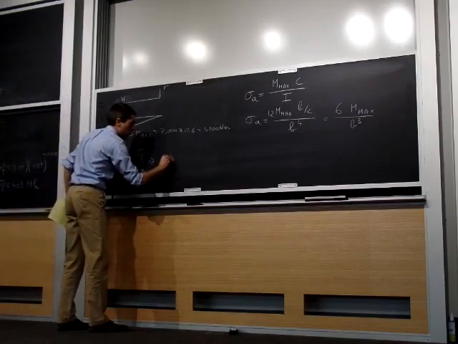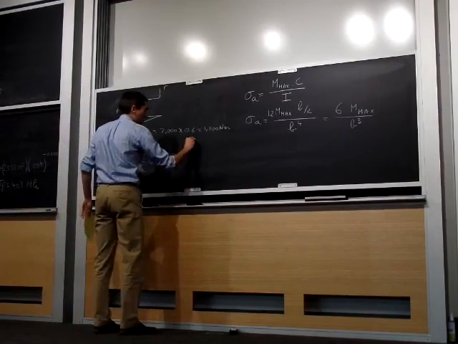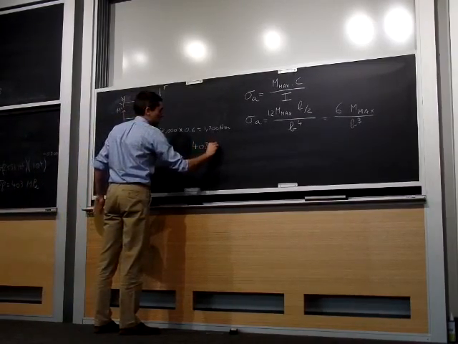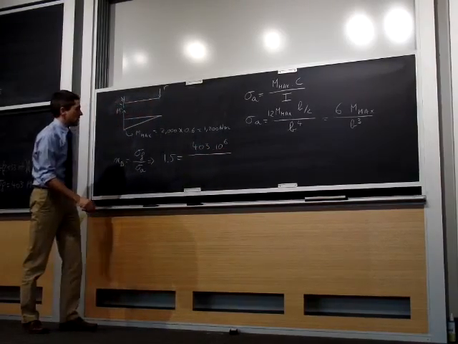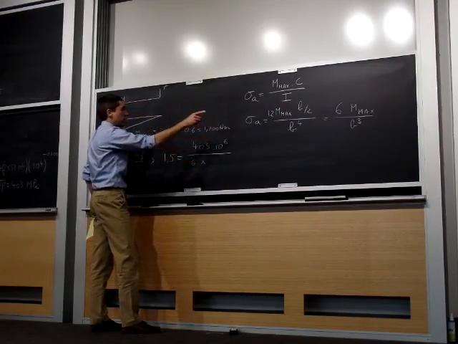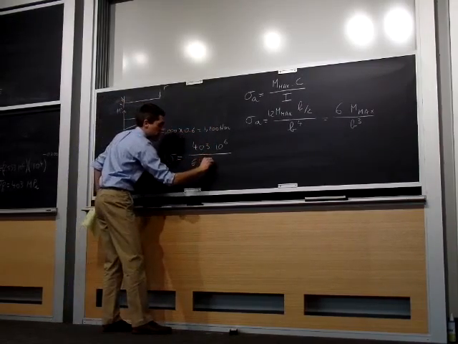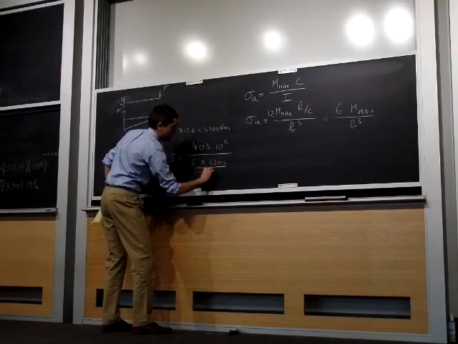1.5. 1.5 is equal to sigma f, which is 403 times 10 to the power 6, divided by 6 times M max, which is 1200 Newton meters, divided by b to the power 3.